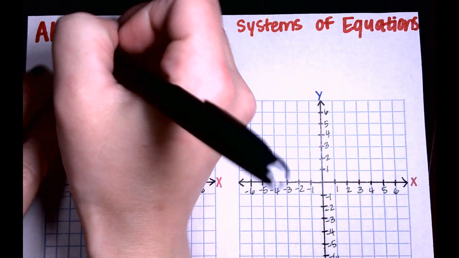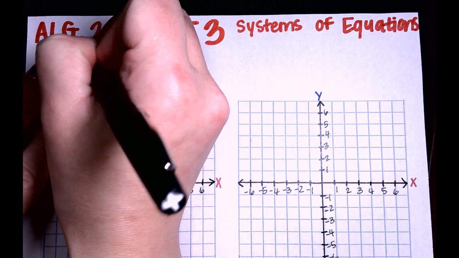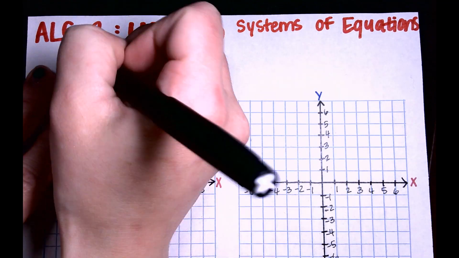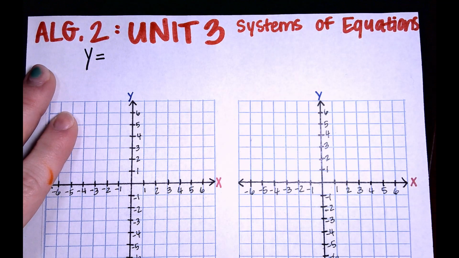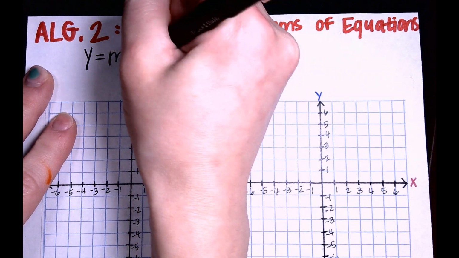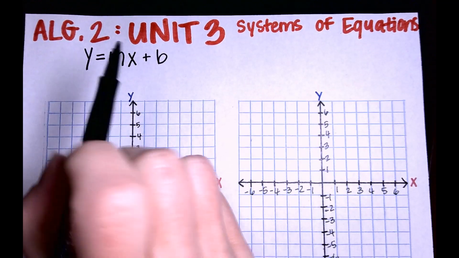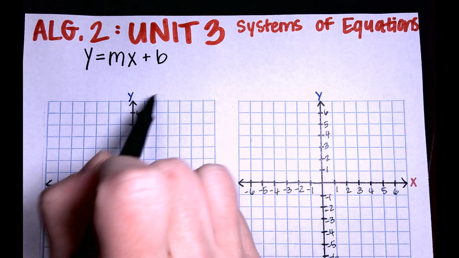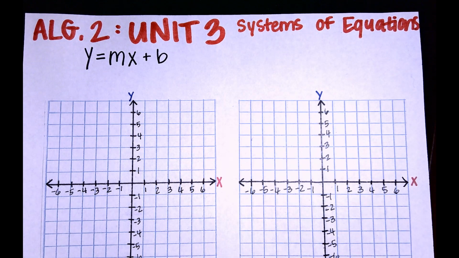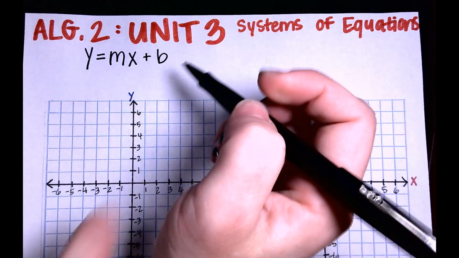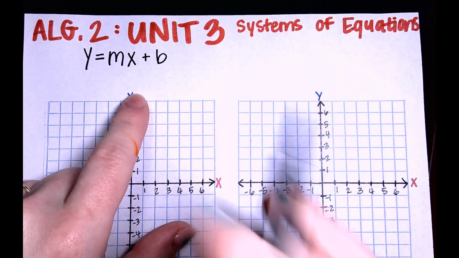So first, I want to write up here y equals mx plus b. Is this equation familiar to any of you? Some yes, some no. That is okay. We're going to make sure that we get familiar with this.